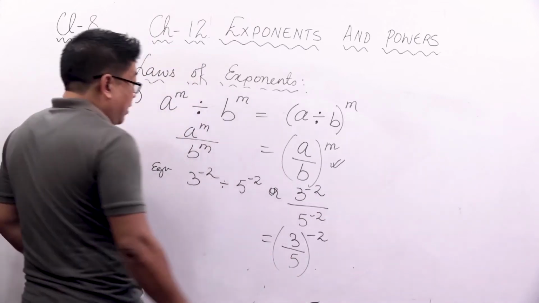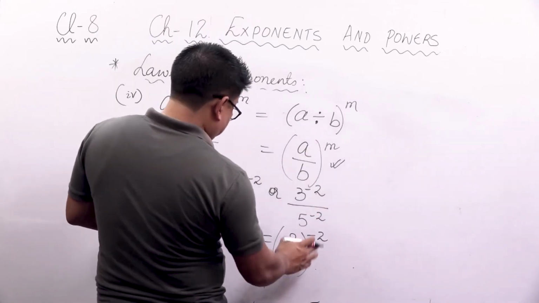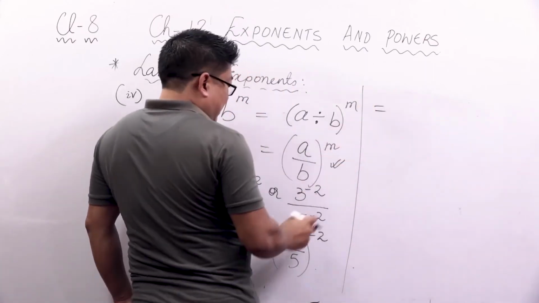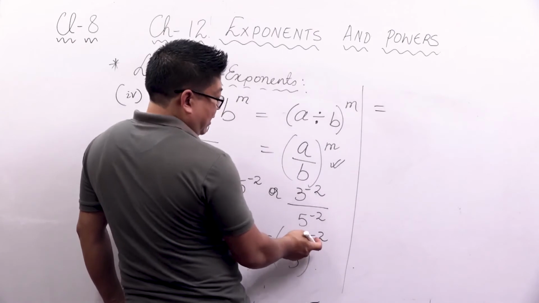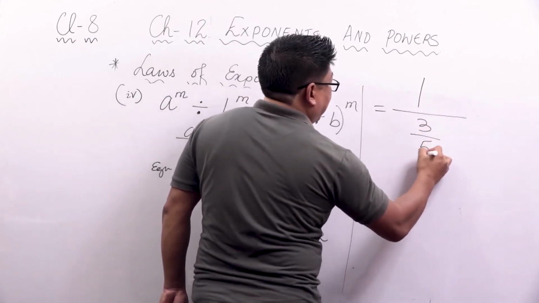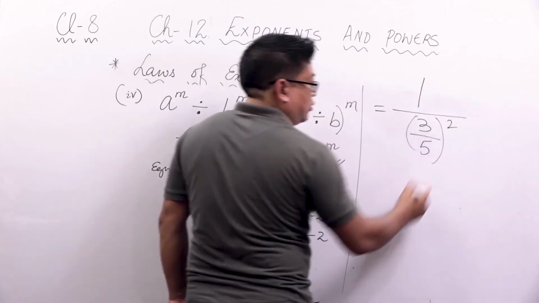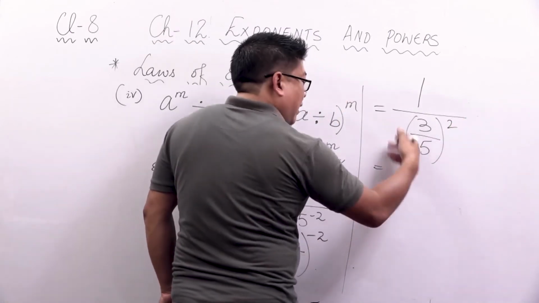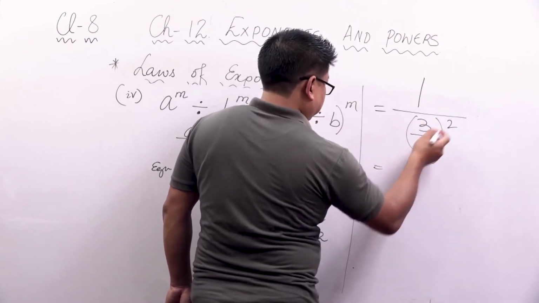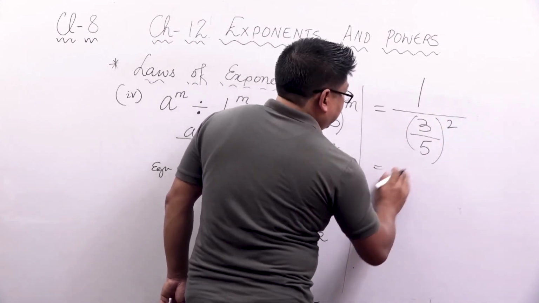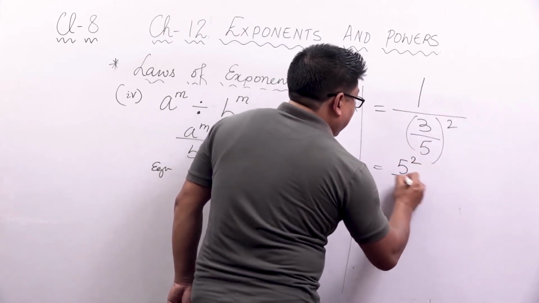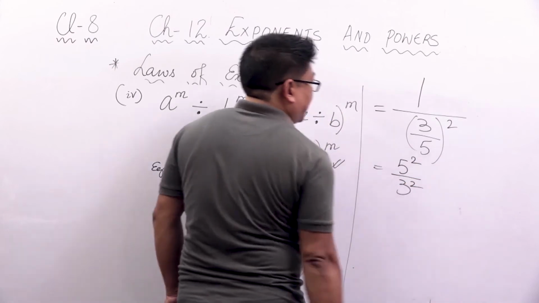All right, children. After finding this, you can see that it is minus, so 1 by 3 by 5 to the power 2. Now, when I bring this on top, the denominator will become the numerator and the numerator will become the denominator.